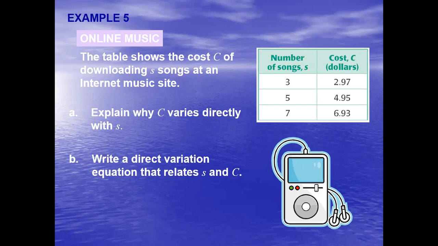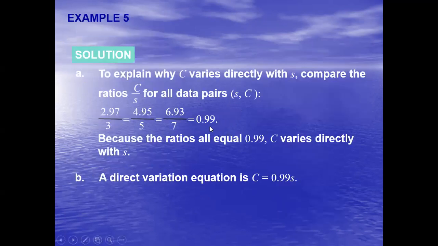Explain why C varies directly with S. C varies directly with S because if I divide all the values of C in dollars by the corresponding number of songs, so we will divide 2.97 by 3 and 4.95 by 5, 6.93 by 7 to find a constant ratio of 0.99.